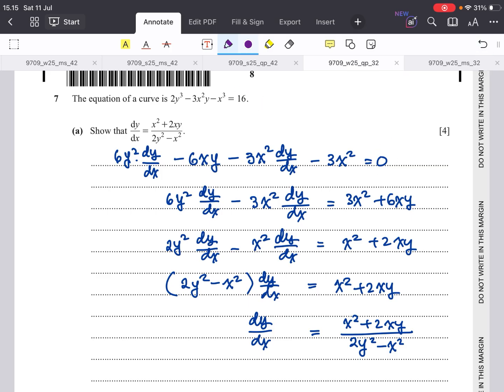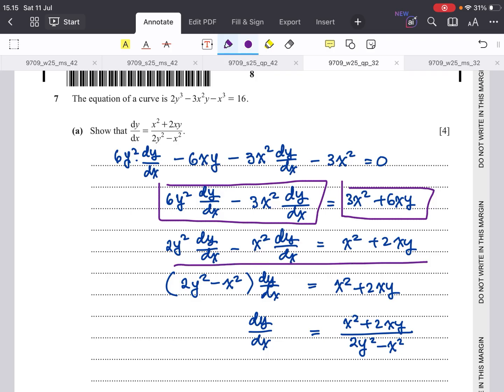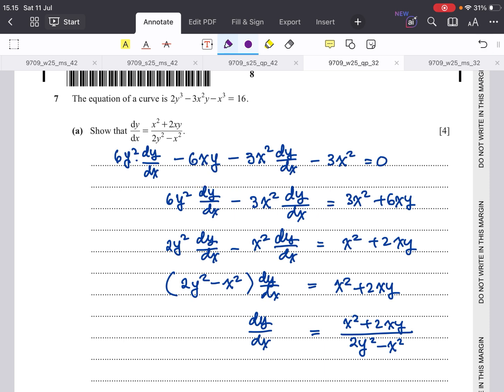And then we will gather the terms that contain dy over dx on one side, and we move the ones that have no dy over dx to the other side. And then to make it simpler, since everything can be divided by 3, I divide the equation by 3.